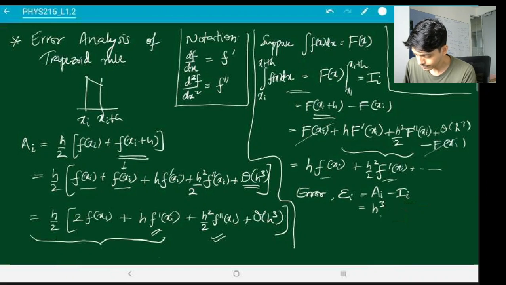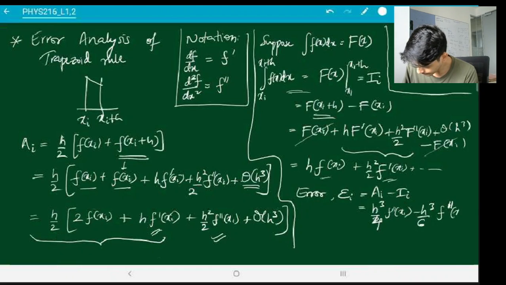So here there is h cube by 4 f prime, and over here there will also be something in terms of h cube, probably not the same, because over here you also have a factor of 2 coming in from here, so this is 4, and this is going to be 1/6, so minus h cube by 6, because 3 factorial, f prime at xi.